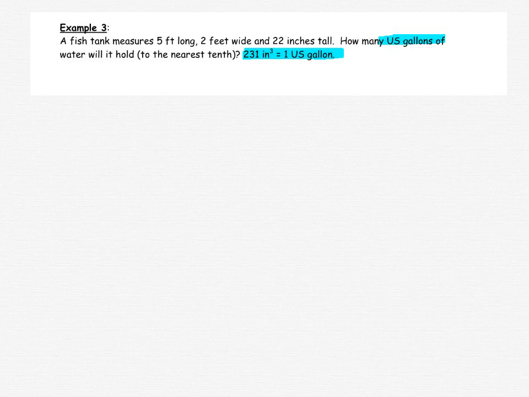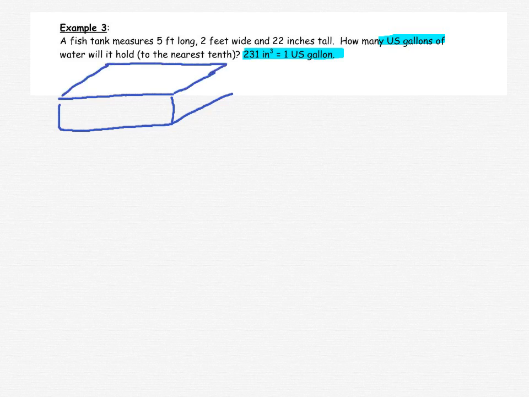So you draw a picture. You have a fish tank that's 5 feet long, 2 feet wide, and 22 inches tall. Your job is going to be to find the capacity of the tank in gallons.